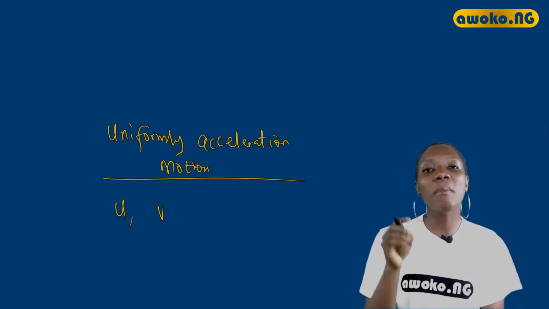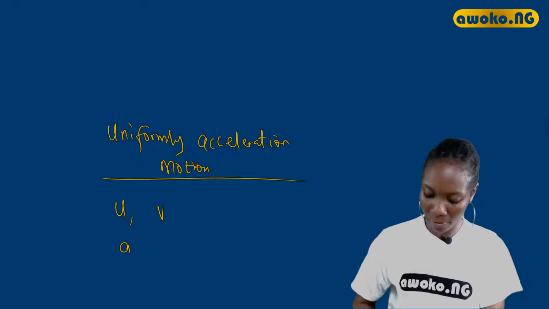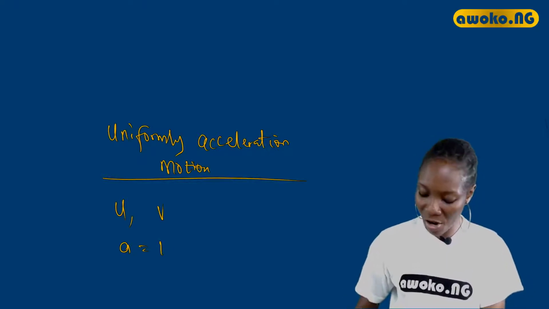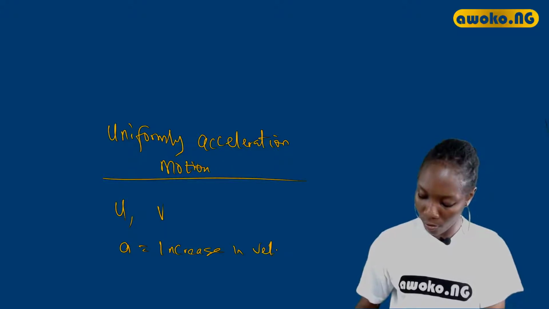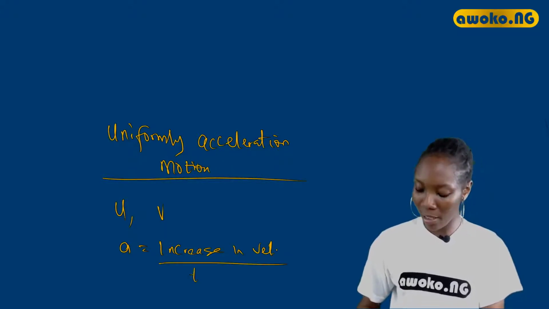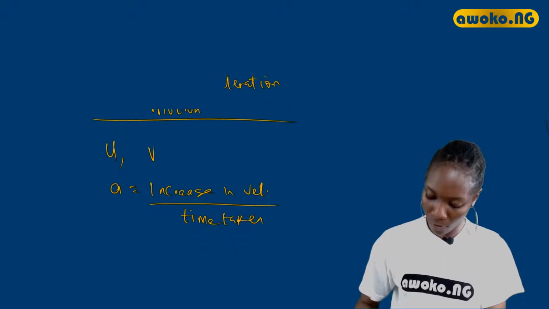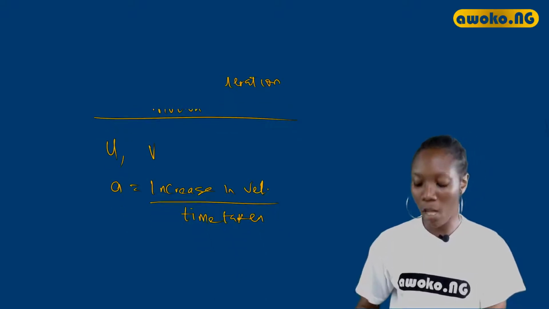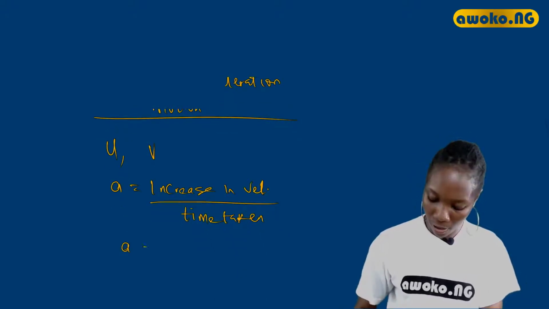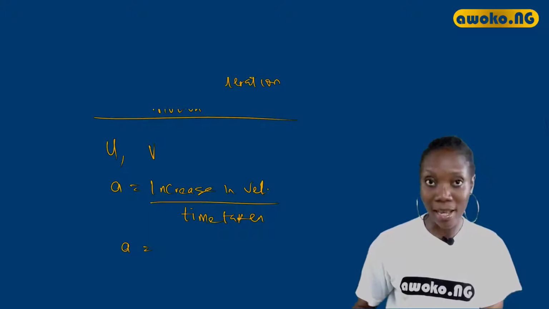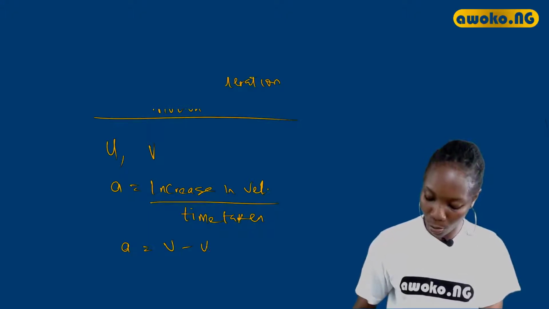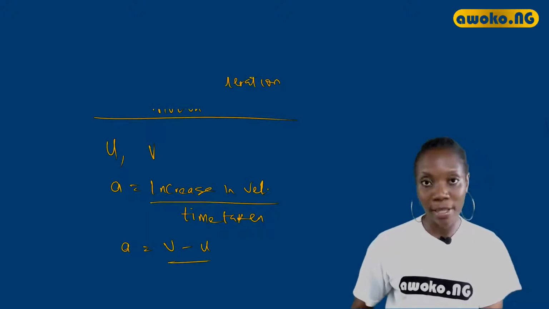Now the uniform acceleration, which is a, will be given by the increase in the velocity over the time taken. So this is a, we can as well write this as a equals v minus u over t.